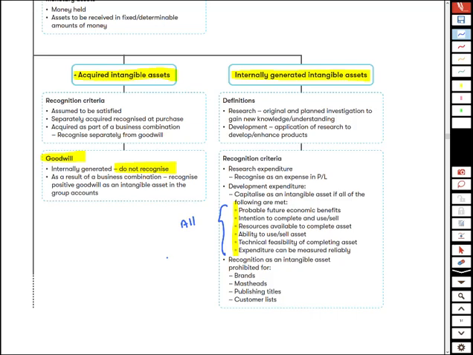And when you do meet it, it's a case of you must capitalise. It's not an optional treatment. You have to capitalise that treatment. And remember, there are certain things that we saw, things like brands, publishing titles, customer lists, those types of things, that because of their unique nature, you are never going to be able to capitalise those.